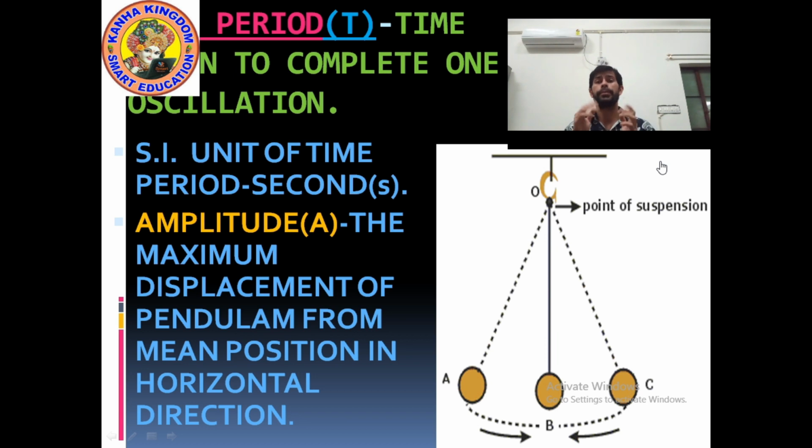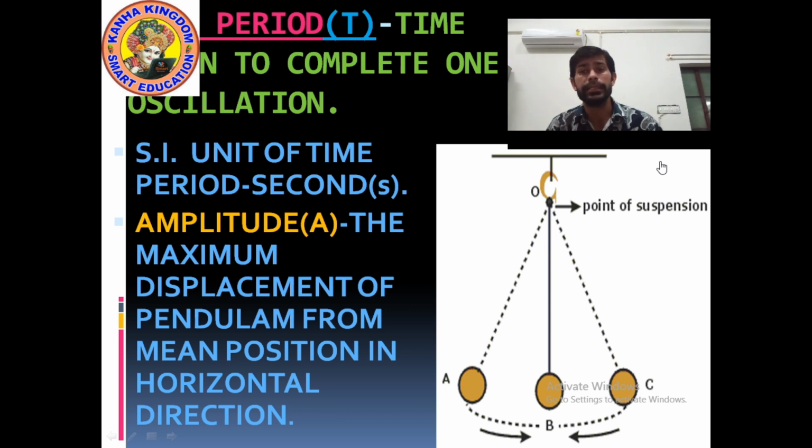So what is time period? The time taken to complete one oscillation. One oscillation means going from back to forth. The time taken to complete one oscillation is known as time period.